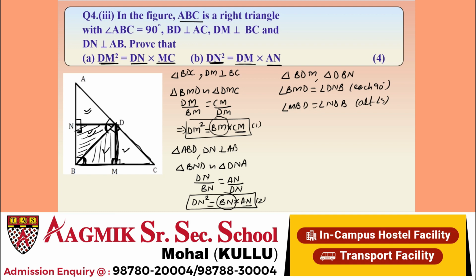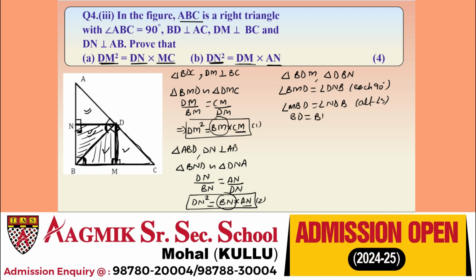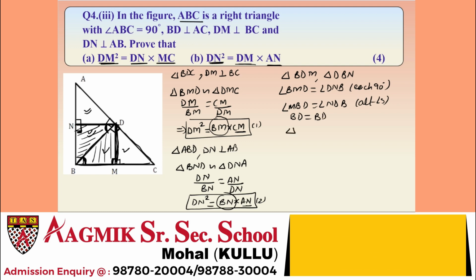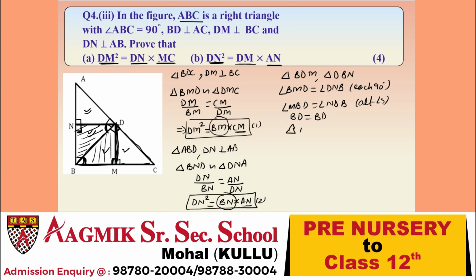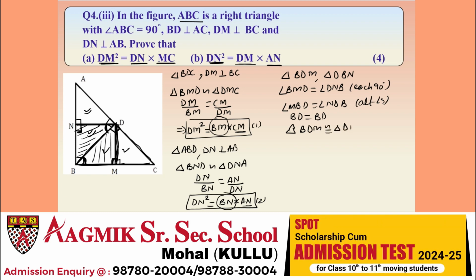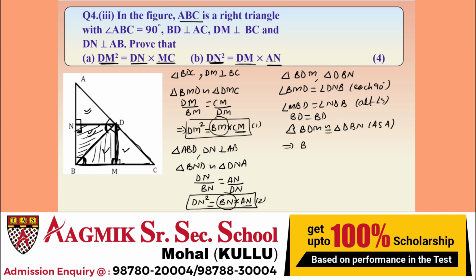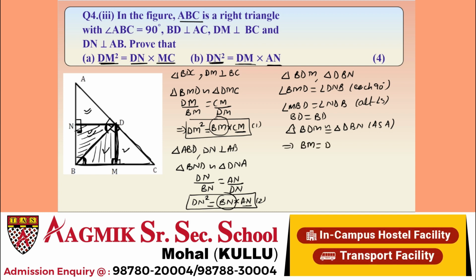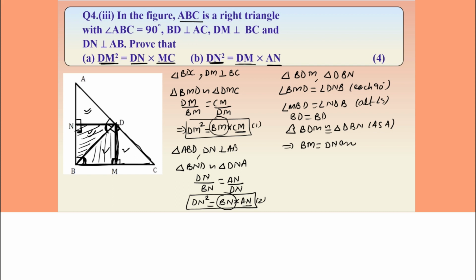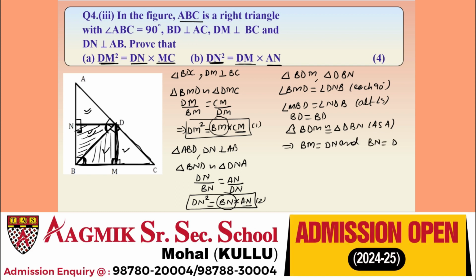MBD is this angle and NDB is this angle. And also BD side is common. So you can see that these triangles are congruent now. Triangle BDM is congruent to triangle DBN by ASA. So corresponding parts will be equal. Therefore BM will be equal to DN, and BN will be equal to DM, right?